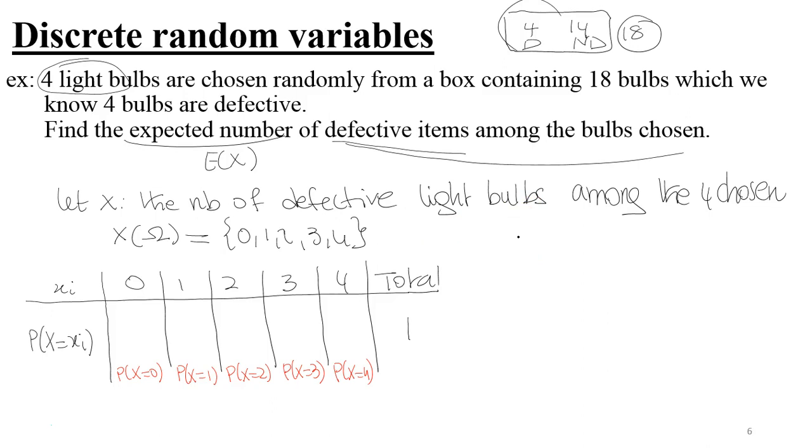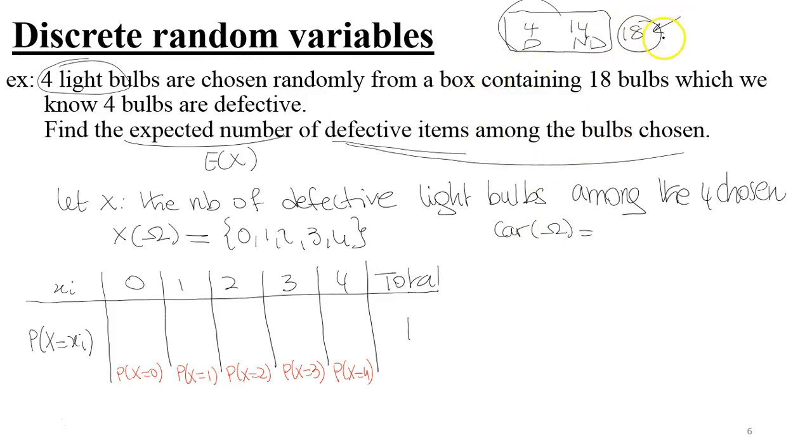Before you determine the probability of any event in a probability problem, the first thing you need to do is determine the number of possible outcomes in this random experiment, which is the cardinal of the sample space. So what is the cardinal of omega here? I go back to my experiment.